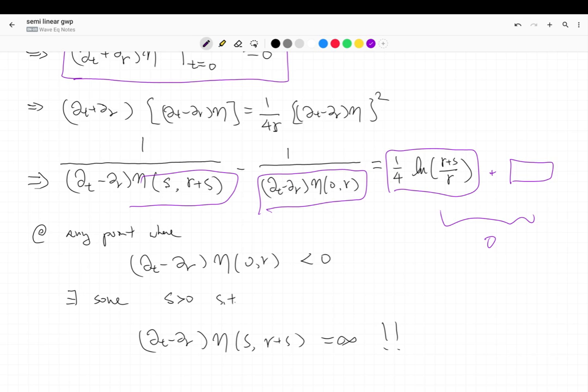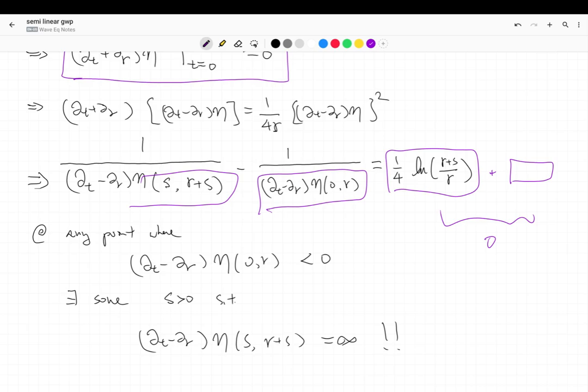You can make η arbitrarily small by multiplying η by some constant epsilon, making it as small as you want, but it will not change the fact that η has the wrong sign at the point 0, r. And this will tell you that in the future, this wrong sign will generate an infinity in the solution to the nonlinear equation, and therefore this contradicts the possibility of having a global solution to the semi-linear equation.